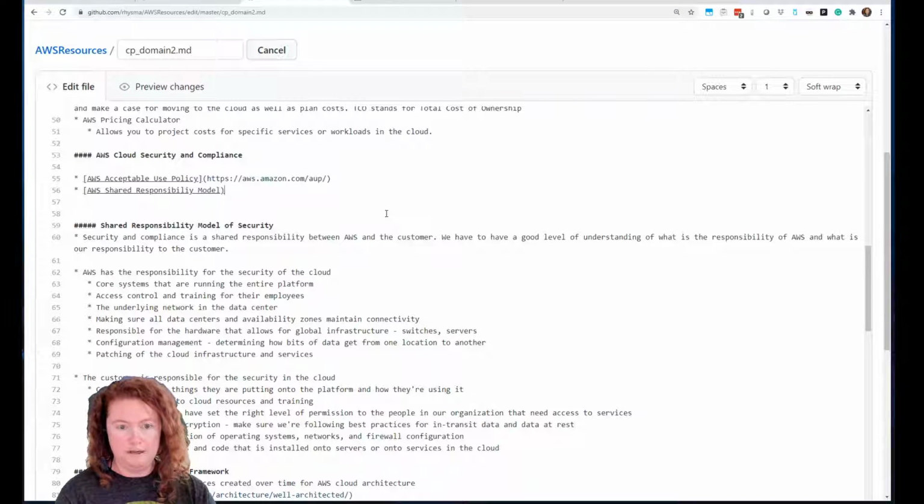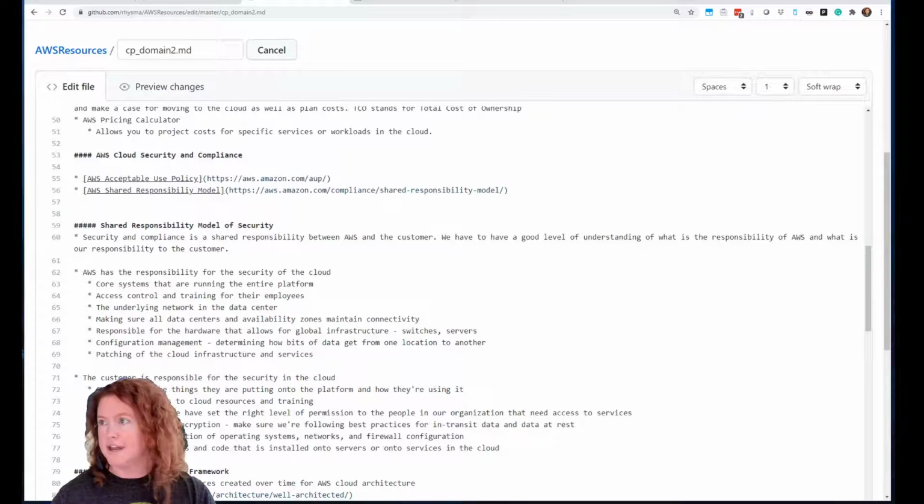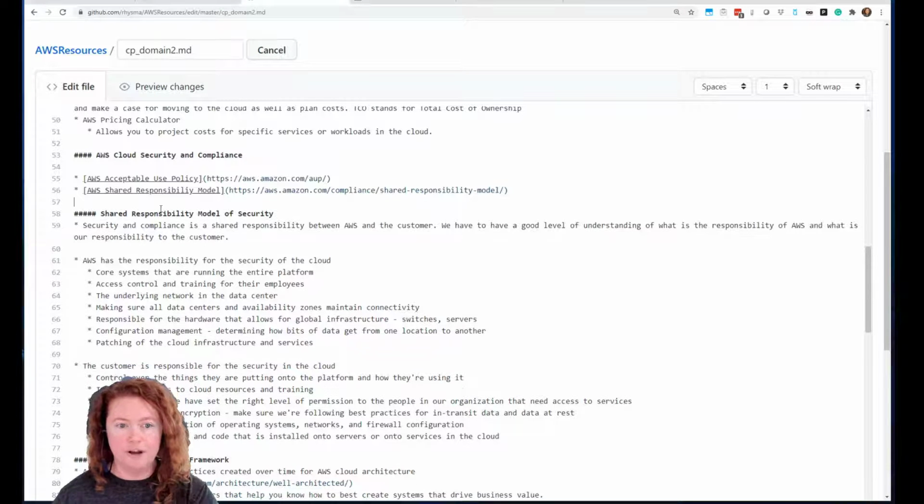I'm all about giving you as much resources as I can so that you are prepared. And then we had the one for the Well-Architected Framework because I had that one in here too.